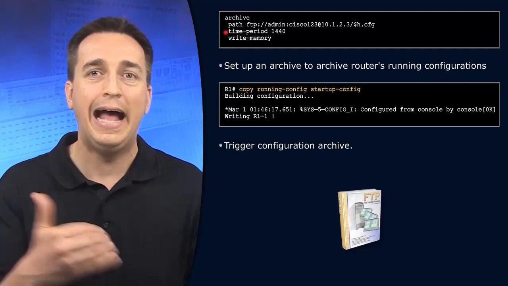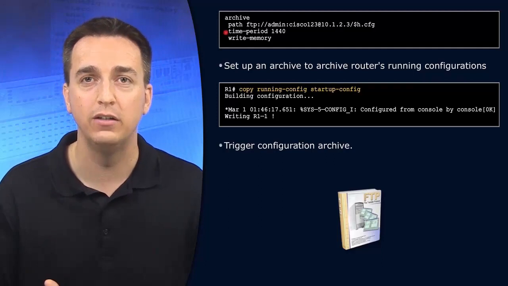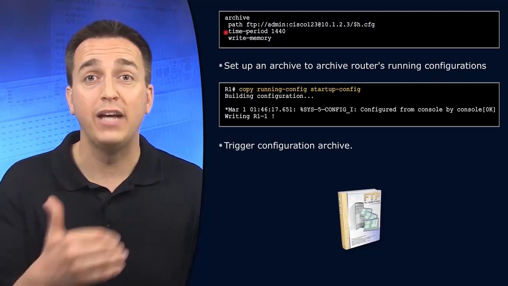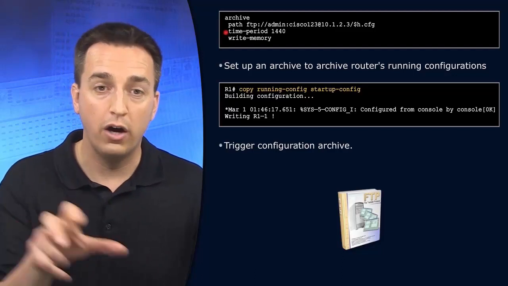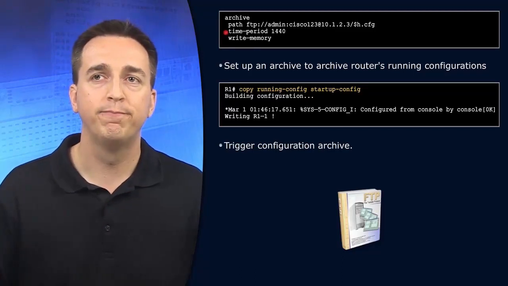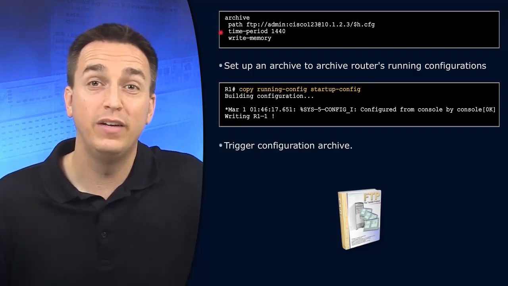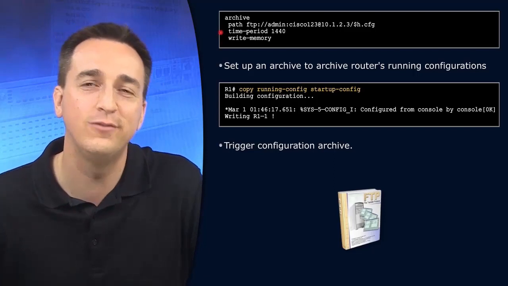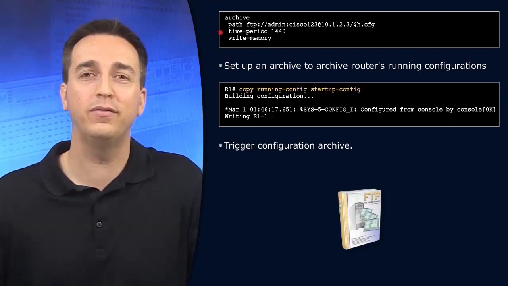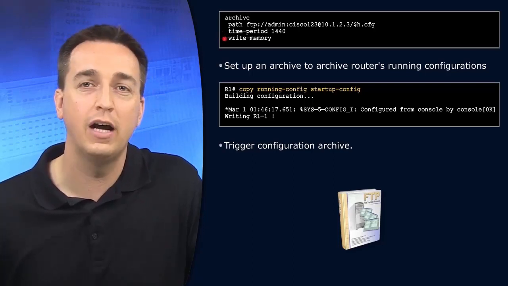So this gives us the added level of, well, we can use the term security, to make sure that there is an archive of our current running config within 1,440 minutes. So if any changes have happened in 1,440 minutes, we'd only lose those changes if nobody issued the copy running-config startup-config command, which through the write memory command would have generated the archive as well for us.